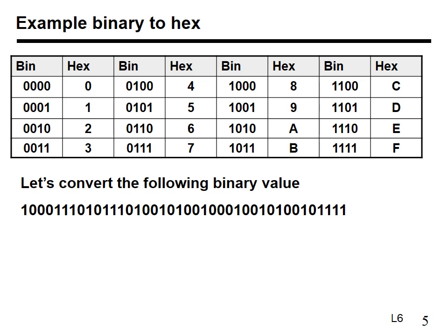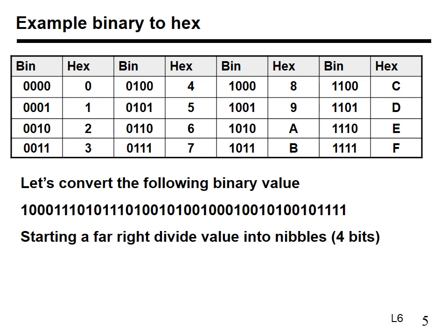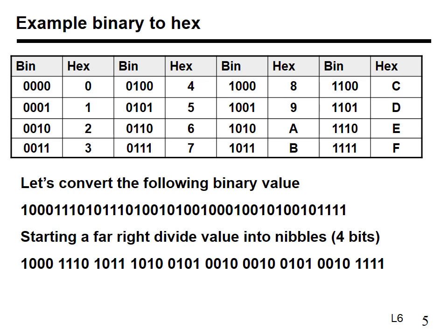Look at this binary value. All we've got to do is divide this into groups of 4 digits starting at the far right. It is important to start at the far right. So we divide them into what are called nibbles, 4 bits. Once we do this, all we've got to do is look at our chart.